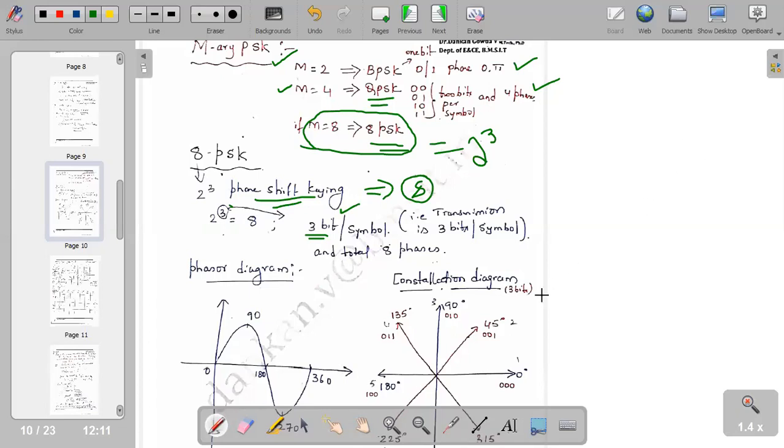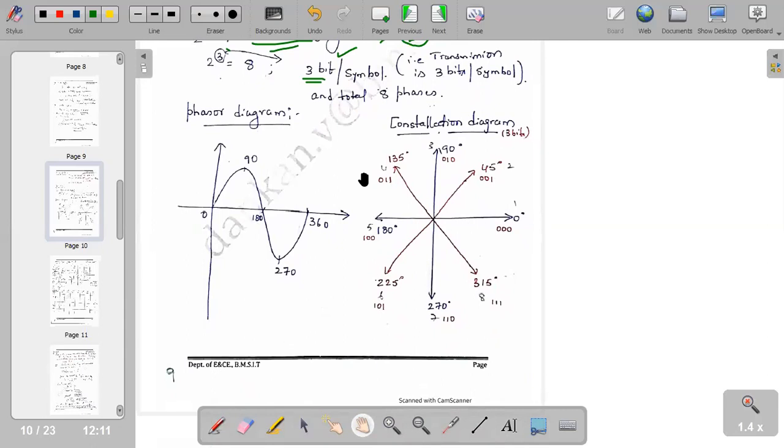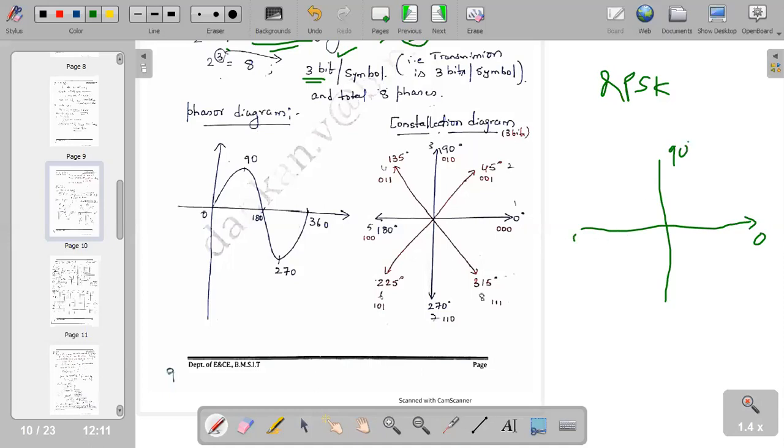Now observe how we can draw the total 8 phase shifts here. This is the phasor diagram for a pure sinusoidal wave. When I draw it for a QPSK case, observe the phase shifts we use for QPSK: 0 degree, 90 degree, 180 degree and 270 degree.